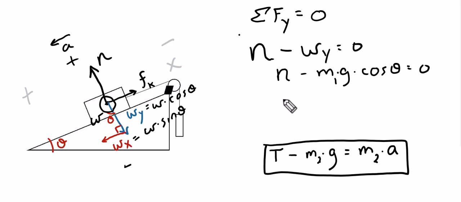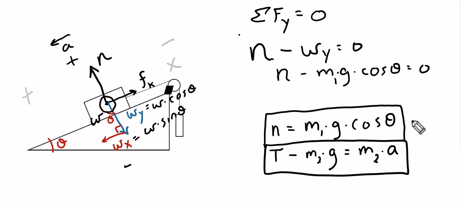And in a similar manner, we could go ahead and just write this out as n is equal to m1 times g times cosine theta, which tends to be the more useful and popular form of this. In general, this is what's going to happen with the y-axis for an object on the plane at an angle. There are some cases where extra things would be happening, but in general, this is pretty typical.